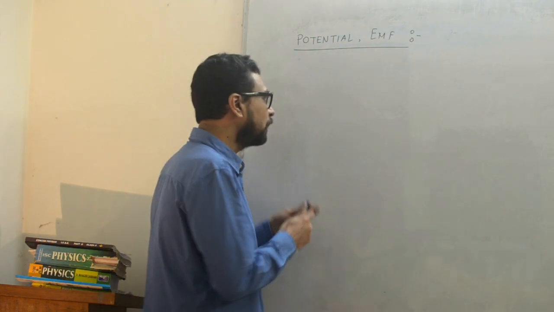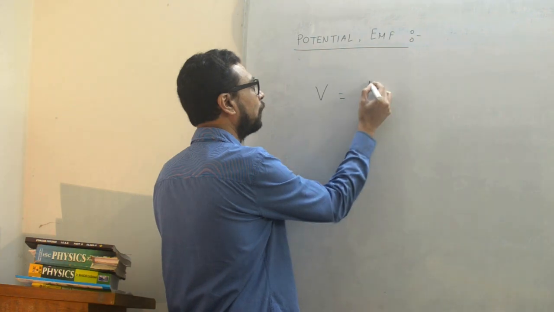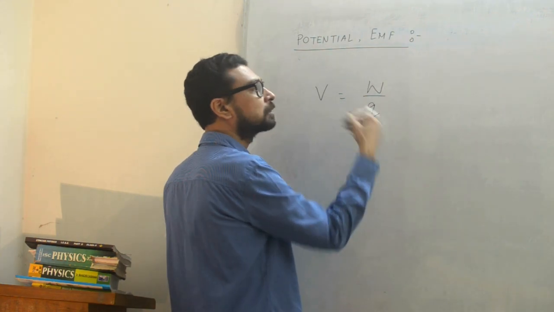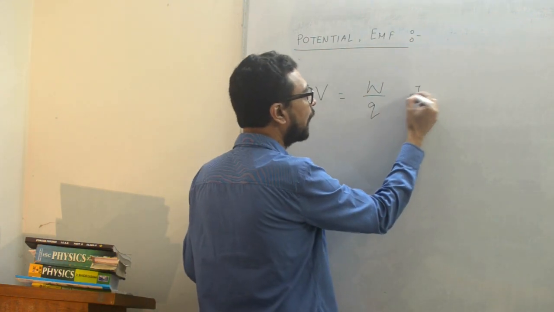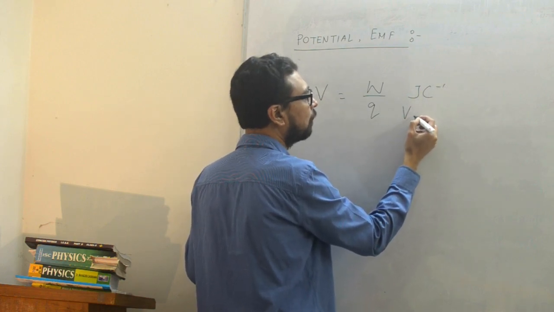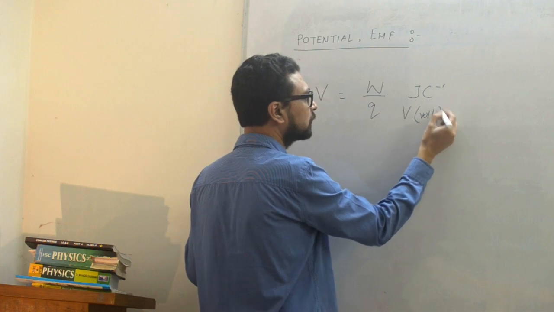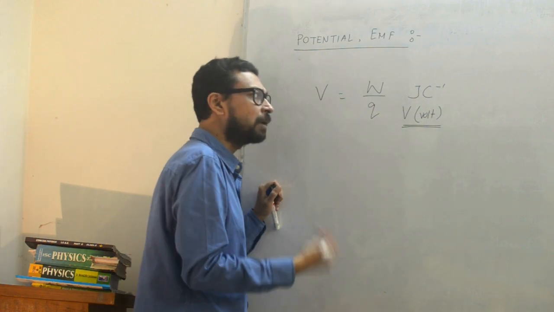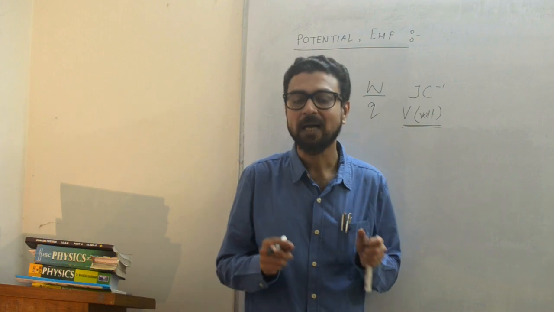Okay, so we know potential is work done per unit charge, which is joule per coulomb, and commonly known as volt, capital V, is the unit that we know. EMF is same as potential, but it is the ideal one.